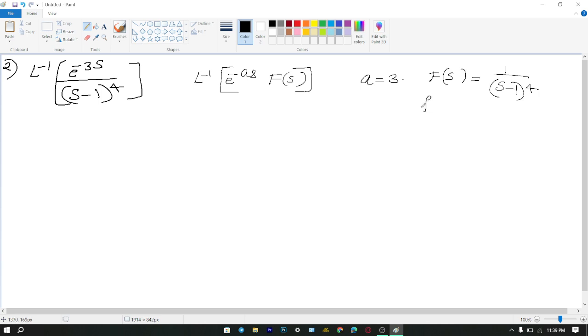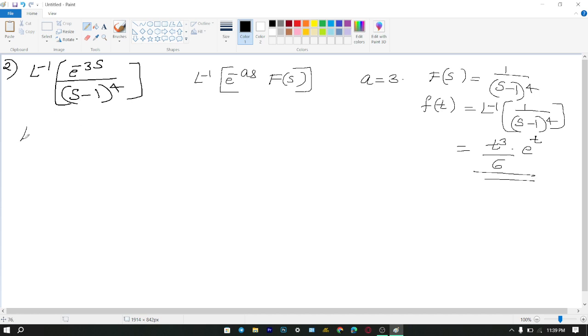So what is f of t? f of t is L inverse of 1 by s minus 1 whole power 4, and this is equal to t cube divided by 3 factorial, 3 factorial means 6, into e raised to t. This is our f of t now.